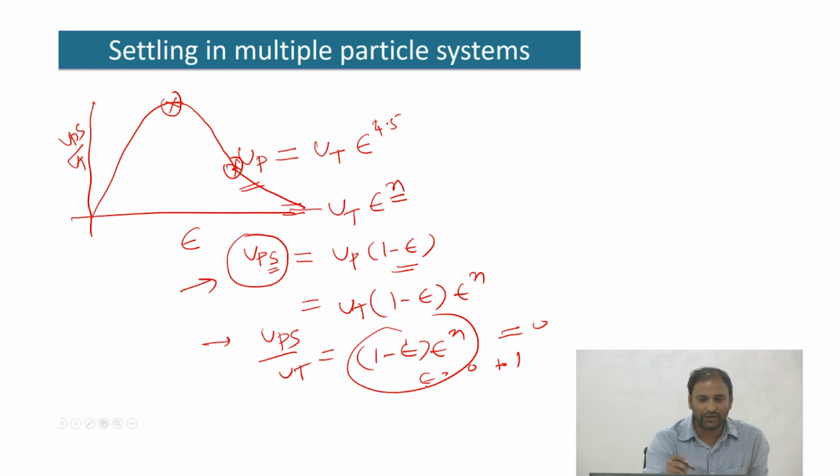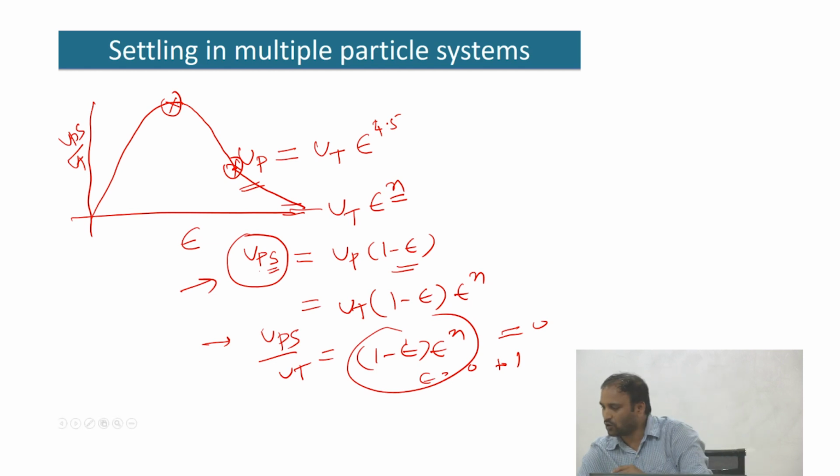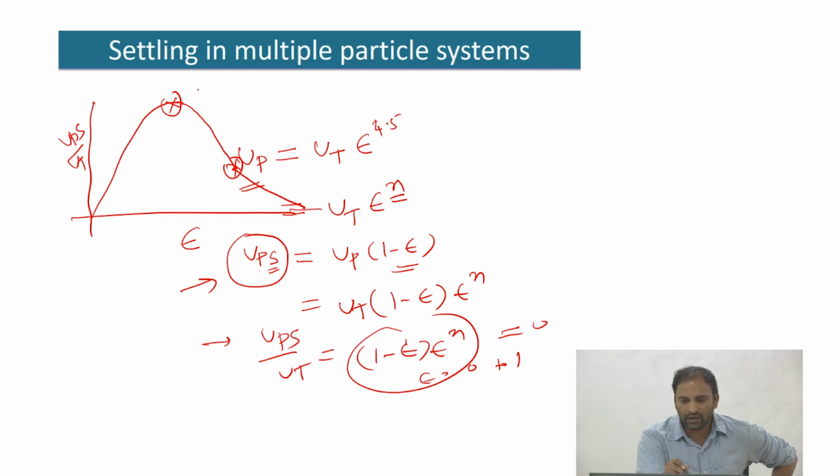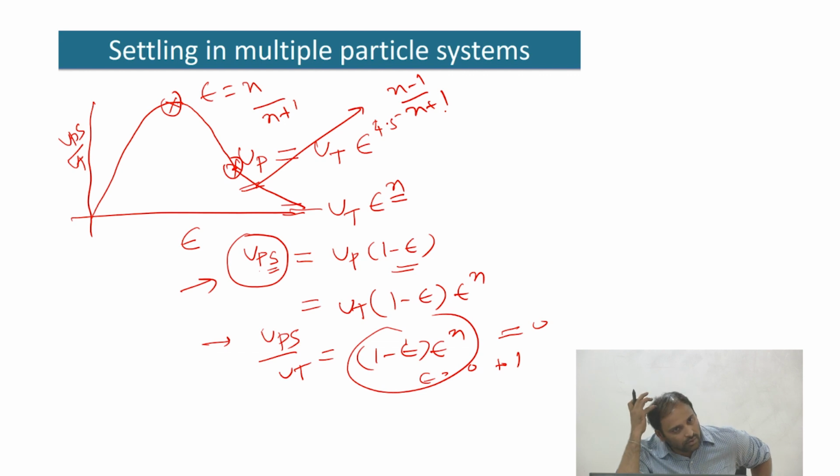If I do that, this maxima appears at a concentration where epsilon goes as n divided by n plus 1, and this inflection point occurs at n minus 1 divided by n plus 1.